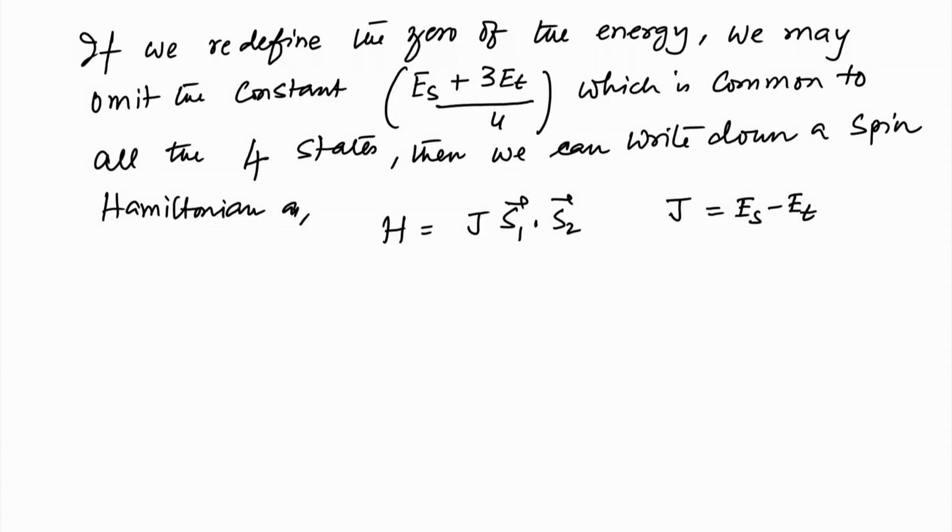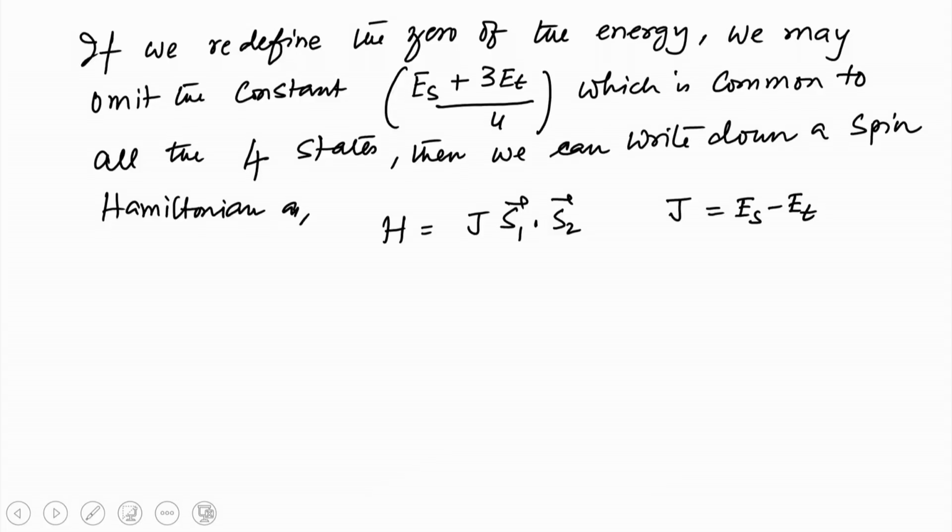Here of course, we have the singlet energy to be lower, which is equal to minus 3 by 4 h cross square, and the E t being 1/4 h cross square. So, J will be negative.